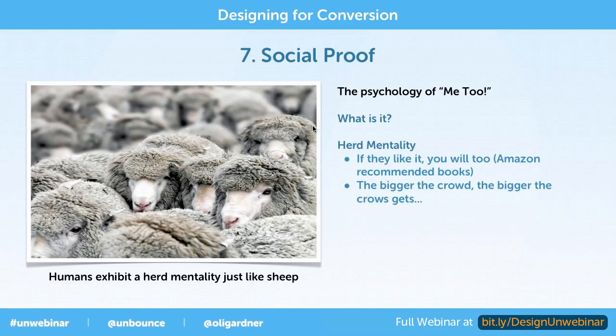Okay, next one. Everybody's heard of social proof. There's a couple of standard examples on the next page, but this is all about the psychology of Me Too. I'll just define it quickly. Social proof is created by the statistics and actions of a particular crowd. It can enhance this Me Too factor.